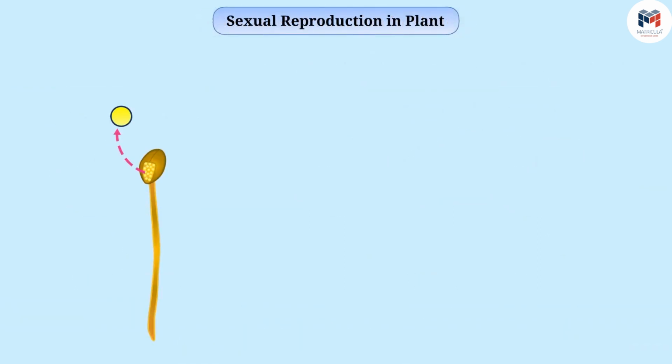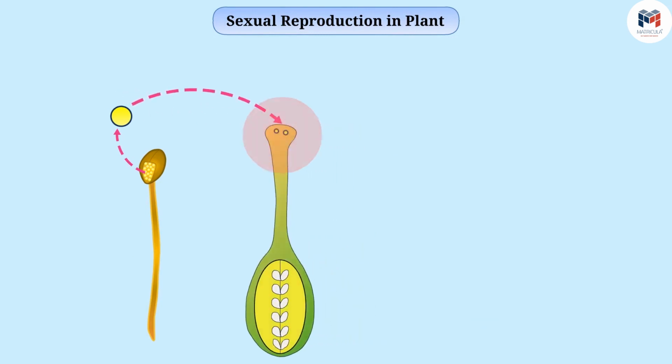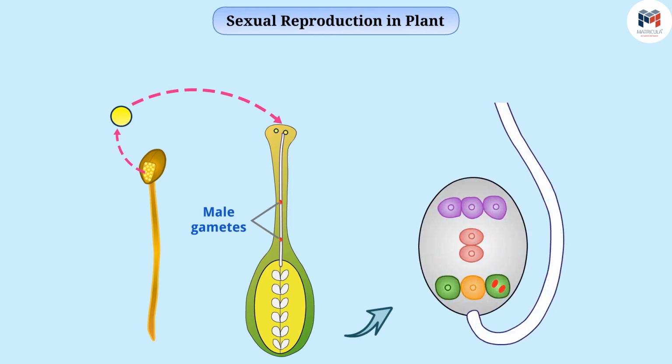When pollen grains are pollinated on the stigma of a flower, there is development of a tube from the pollen grain which passes through the style and reaches to the embryo sac of an ovule. Two male gametes enter the embryo sac from the pollen grain.